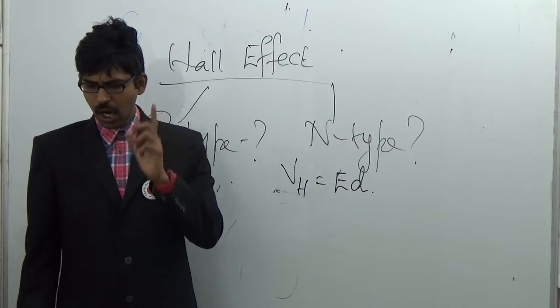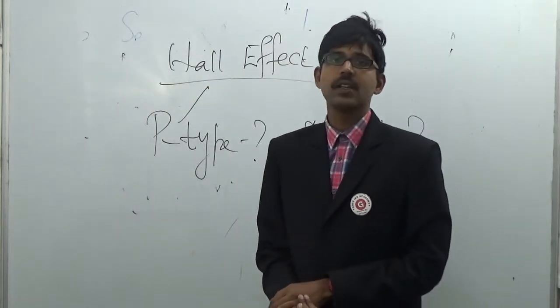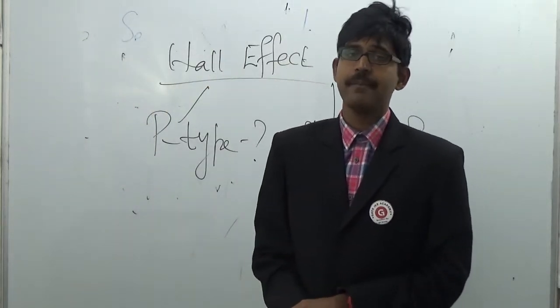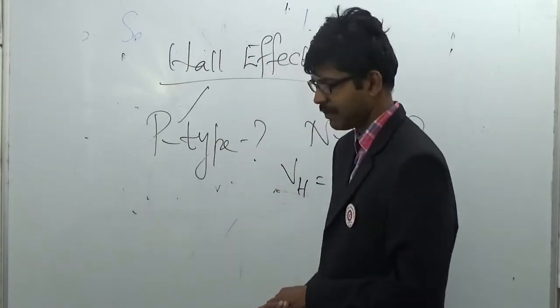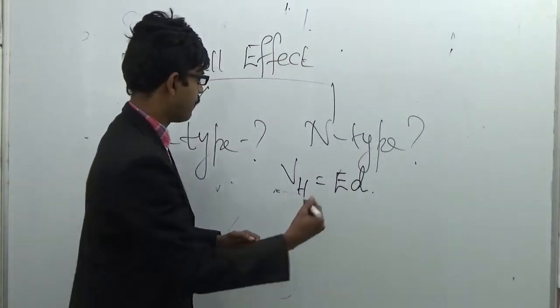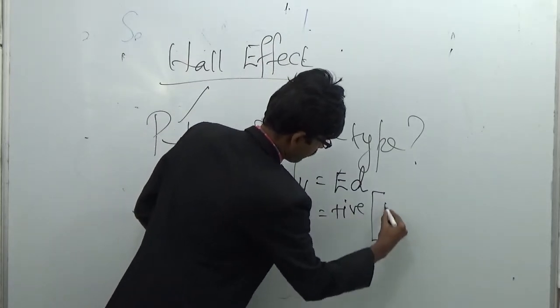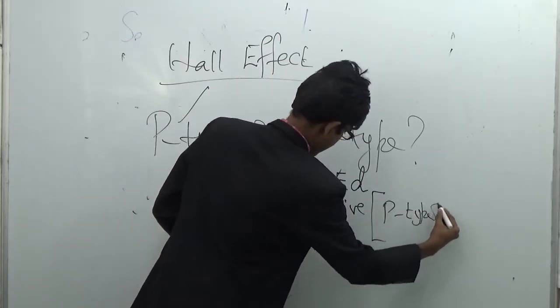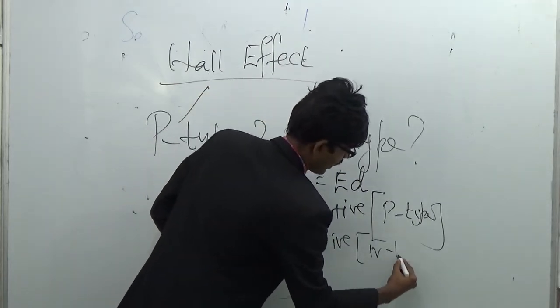Now, if the Hall voltage is positive, it's going to be a p-type material. If it is negative, it's going to be an n-type material. So if VH is positive, it's a p-type. If it's negative, it's an n-type.